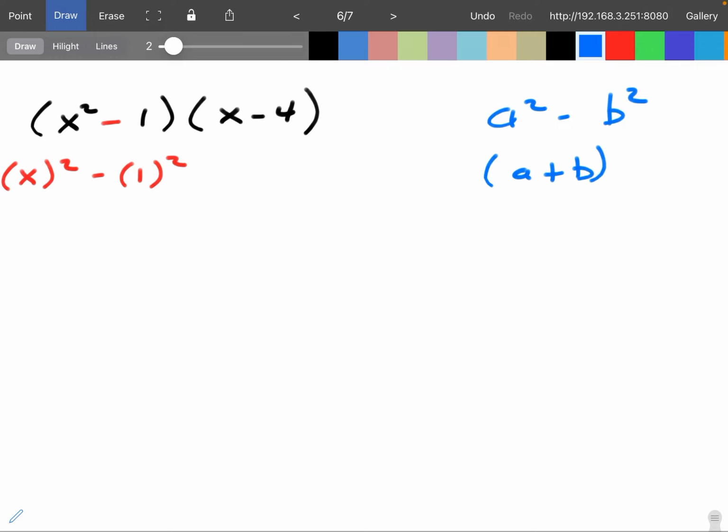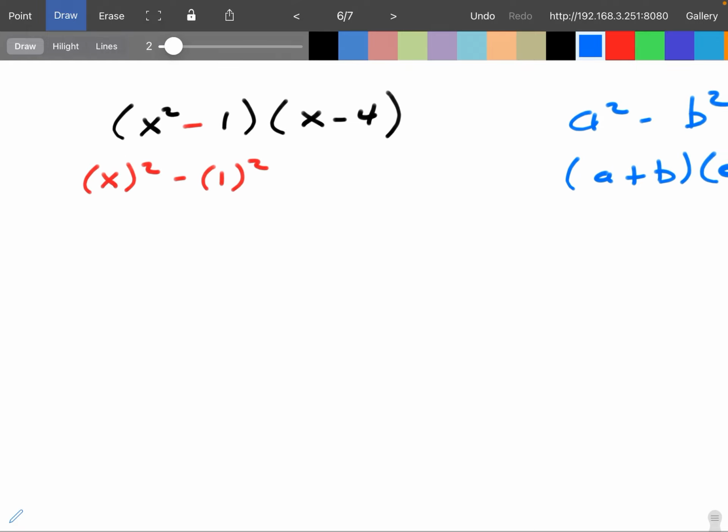Remember, if you have a squared minus b squared, that's the difference of 2 squares. That's going to factor into a plus b times the quantity a minus b. So that's what you're using. So that thing is going to break down into x plus 1 times the quantity x minus 1.